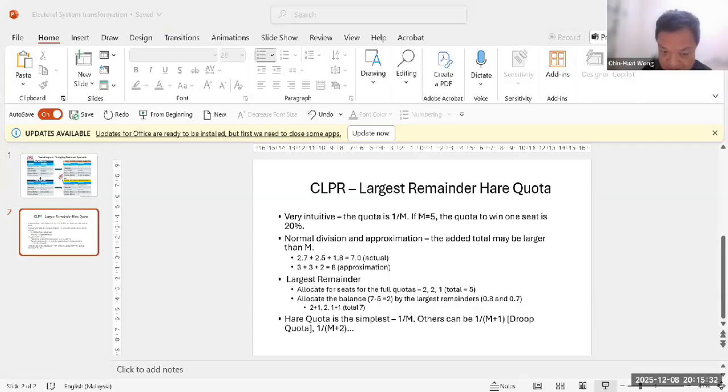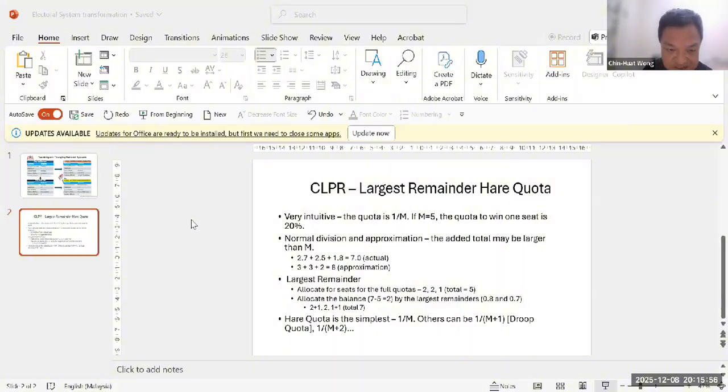Agree? How do we give to them? We now look at the remainder, the number after the decimal point. Because we have only 2 seats, we need to pick the 2 largest remainders. Who should we give to? The largest one is which one? 0.7, 0.5, and 0.8.